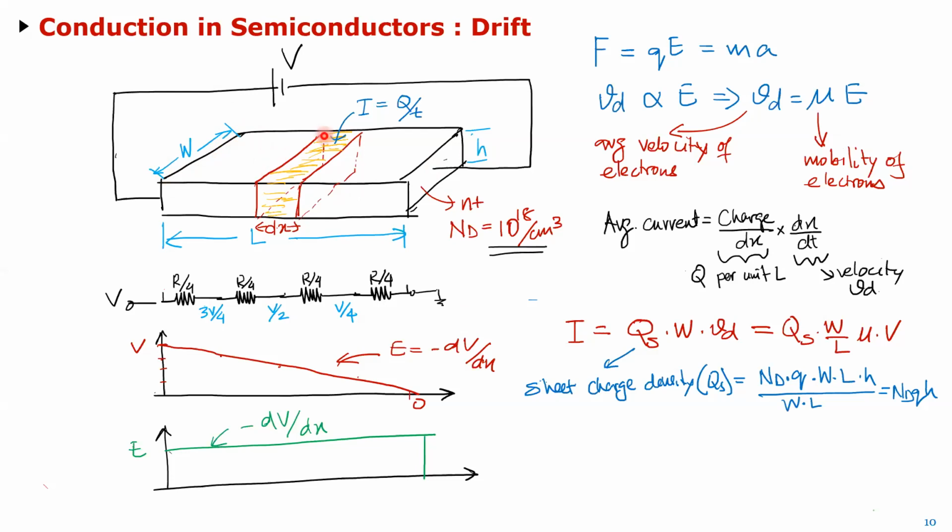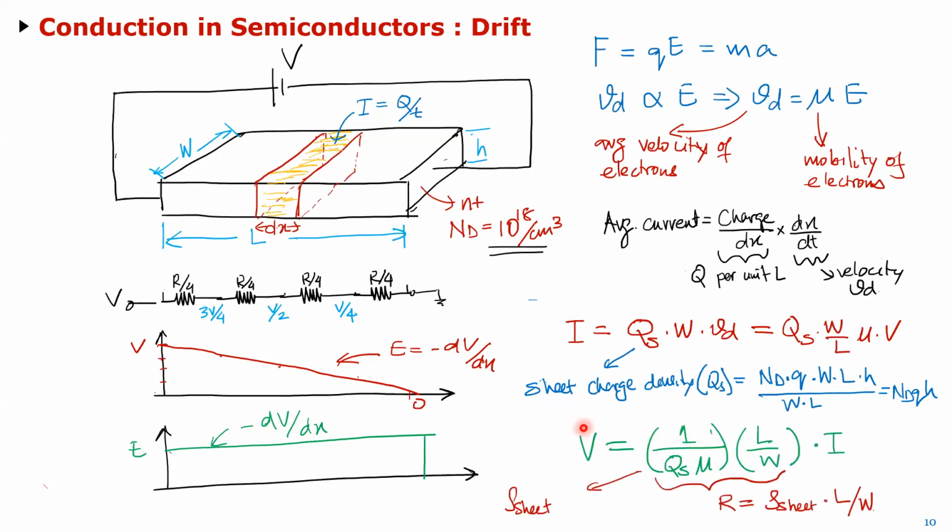Sheet density per unit area times W gives me the charge per unit length. So it's a charge per unit length here, the QS times W. And then I multiply that by VD. That's my total charge in this volume per unit time, which is my current here. So if I expand the entire thing, this is the relationship I get between V and I.